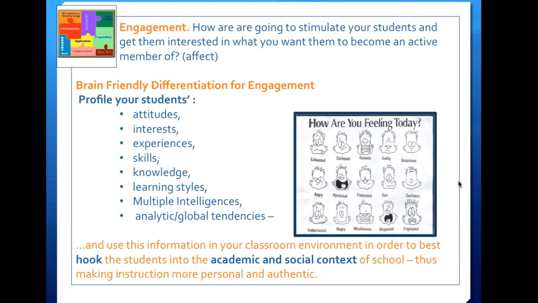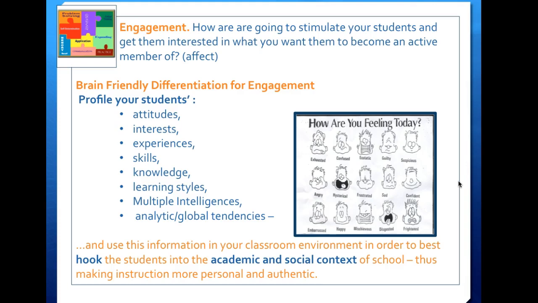What their experiences are, what their skills are, what their prior knowledge is, and what knowledge you want to move them toward, what their learning styles are. There are learning styles inventories, multiple intelligence inventories, analytic global tendencies. All these things affect how a child learns.